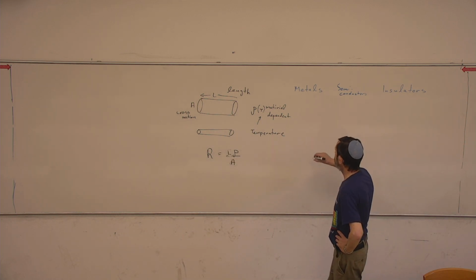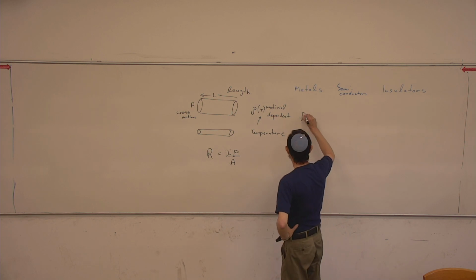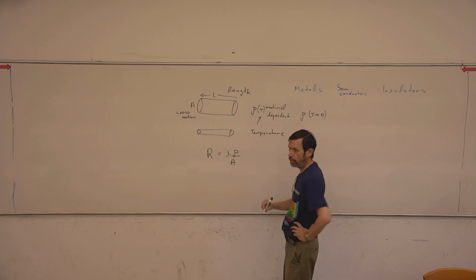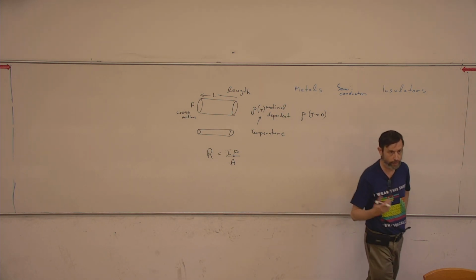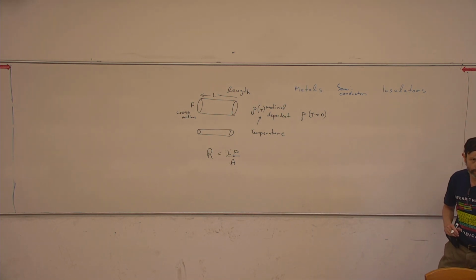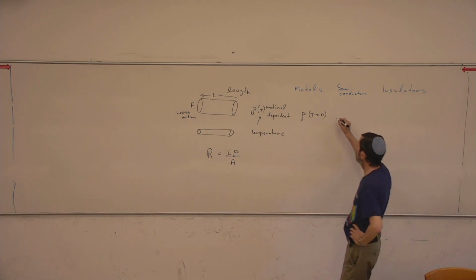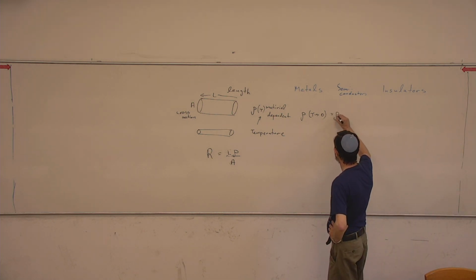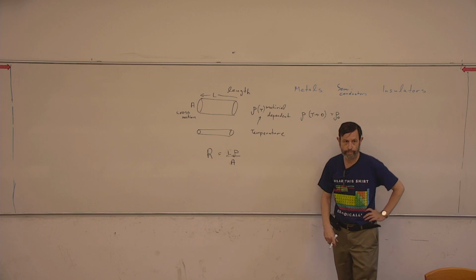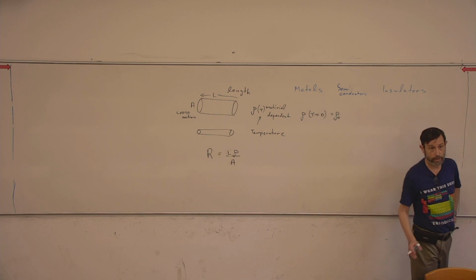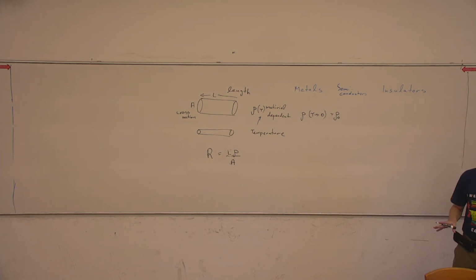For a metal, rho, when T approaches the absolute zero, in Kelvin units, of course, goes to some constant.